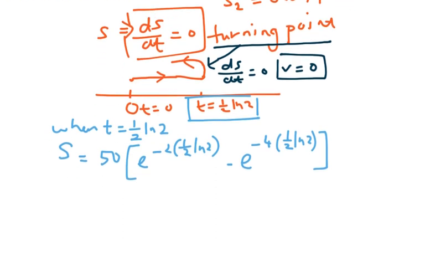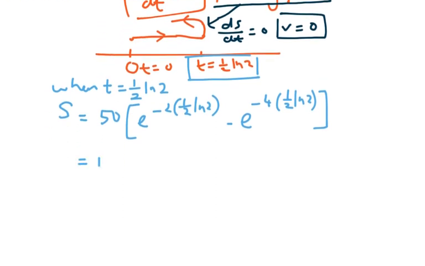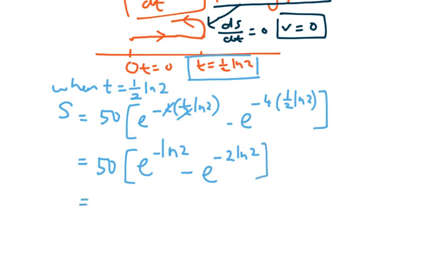Simplify your equation. So 50, here you will get exponential of negative ln of 2 minus exponential of negative 2 ln of 2. In this case we cannot cancel directly.